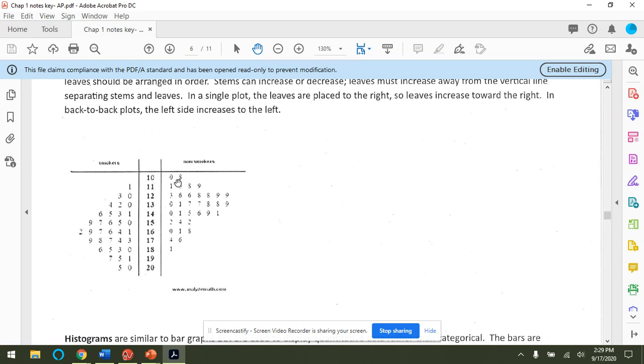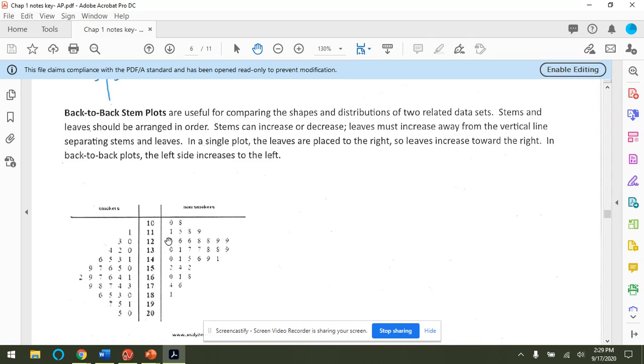Now, if I asked you overall, compare these two distributions, non-smokers have a much lower cholesterol overall than smokers. Smokers go up to the 190s and 200s. The highest non-smoker is 1. All right. So you can absolutely see problems that bring into play all of these different types of things.